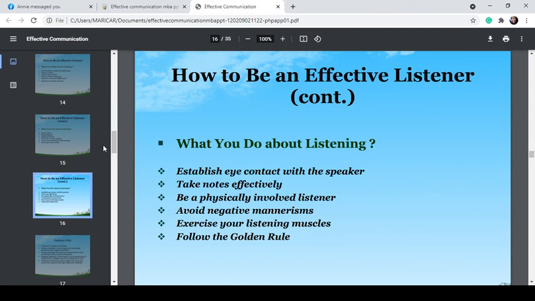So, kung ikaw ay nakikinig, kailangan kaharap mo siya. Hindi yung medyo malayo yung distance niyo. Avoid negative mannerisms. Ano ba yung mga negative mannerisms natin? Kung saan-saan nakatingin. Very awkward yun. So, i-avoid mo yun. Exercise your listening muscles and follow the golden rule.